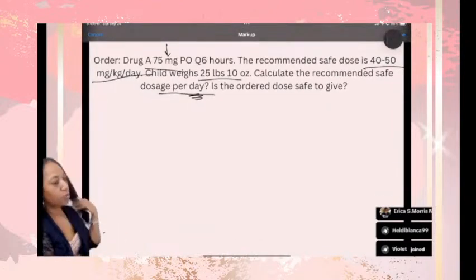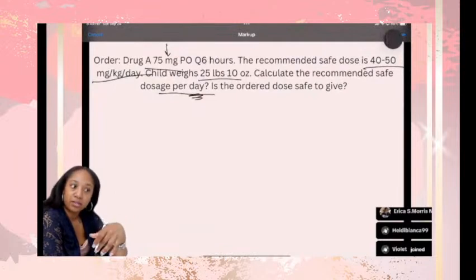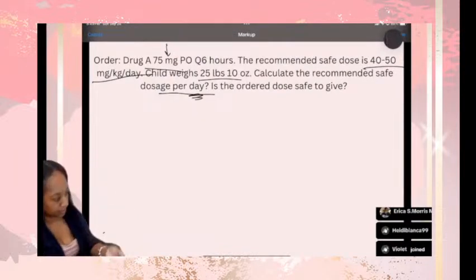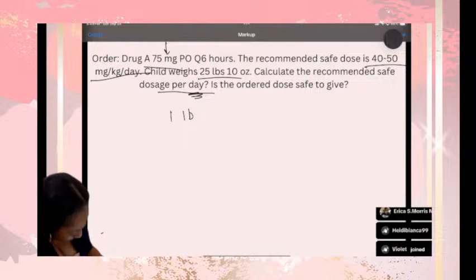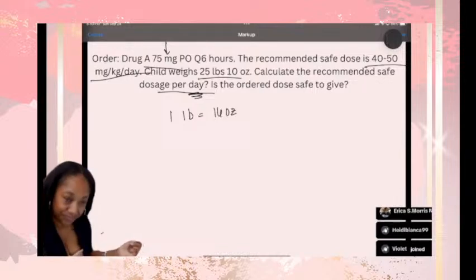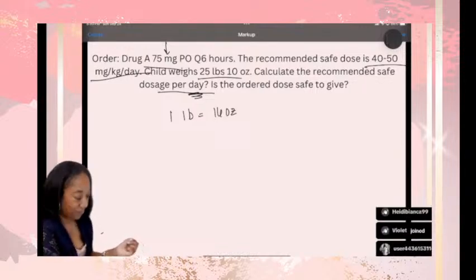Alright, so to do the weight conversions, we know that 1 pound is equal to 16 ounces. Okay?